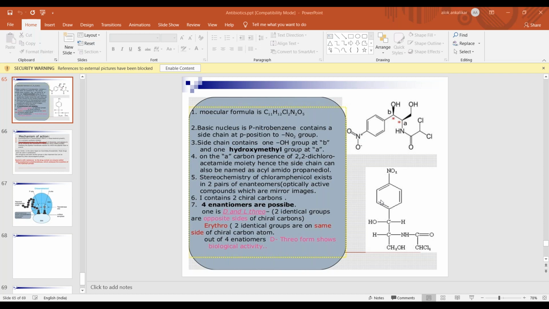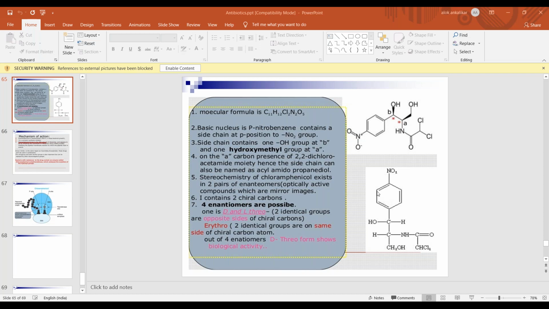In the case of chloramphenicol, 4 isomers are possible. 2 are DL threo isomers and 2 are DL erythro isomers, and out of these 4 isomers only the threo enantiomer shows good antibiotic activity.